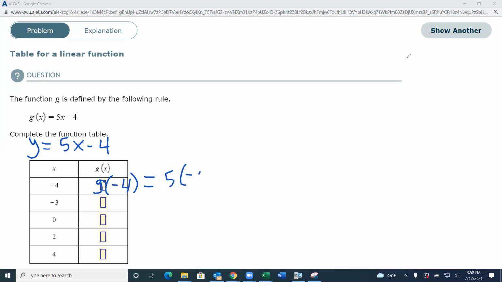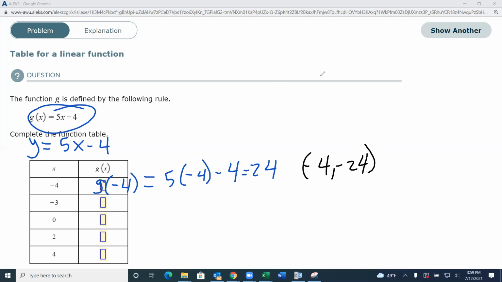So I'll replace that x with -4, and I get -24. So the point -4, -24 is on the graph of this function. If we were to graph it, this point would be on there.